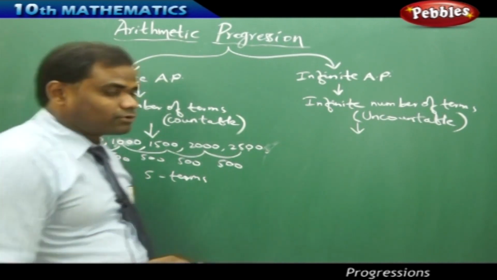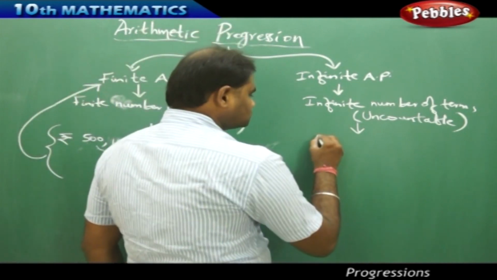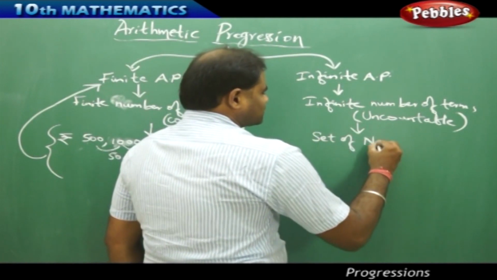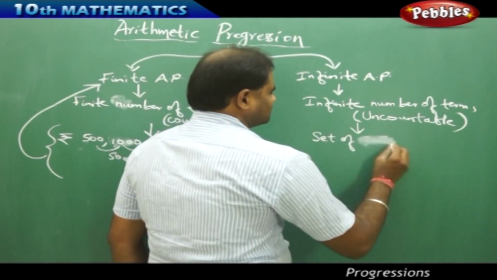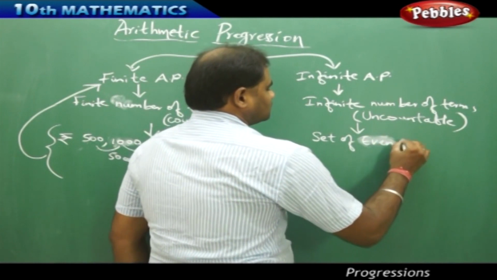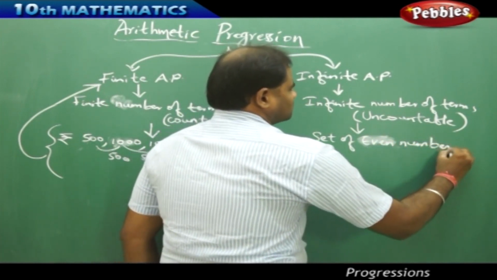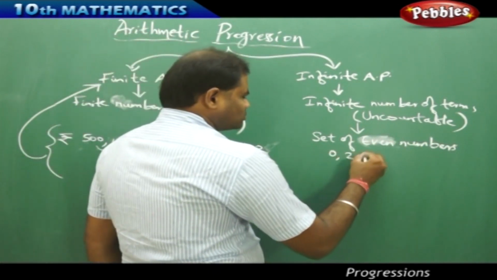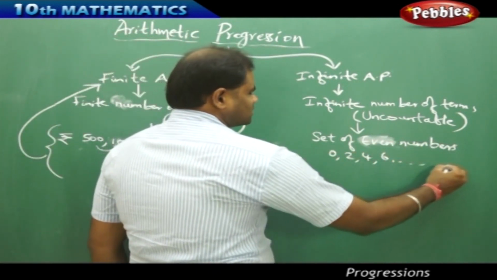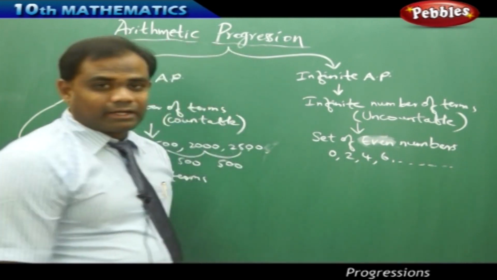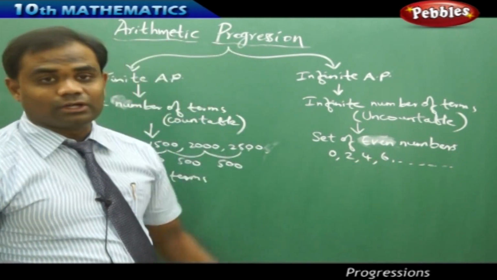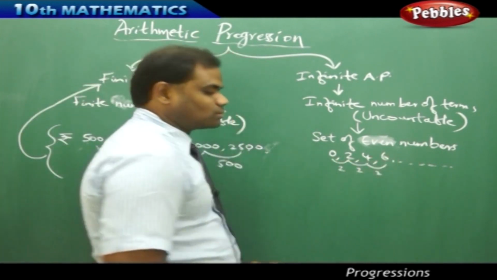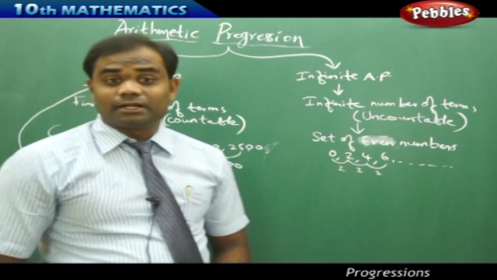But the same case, say for example, I take the set of even numbers. In mathematics, we all know that the even numbers are, say, 0, 2, 4, 6, and so on and so forth, where even numbers are generally with the common difference of 2. This is an arithmetic progression because the common difference is 2, where the set of even numbers never end.